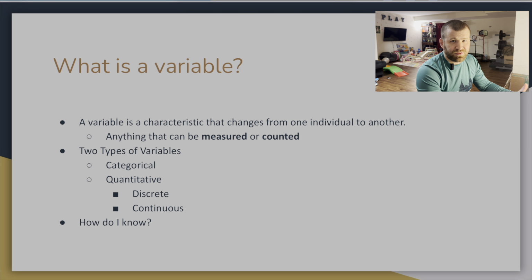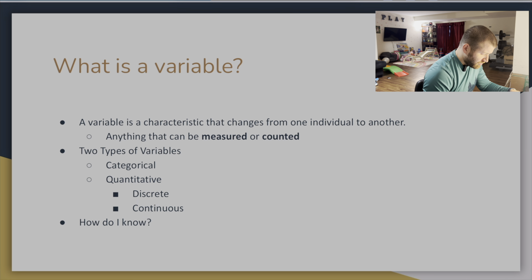Rather, it's a set of vocabulary that you need to know in order to succeed. If you don't know the difference between a continuous and a discrete variable, or a quantitative and a categorical variable, they're not going to ask you a question about that specifically. But they will use that vocabulary in the wording of the question. And so if you don't know it, that's when things can get difficult.